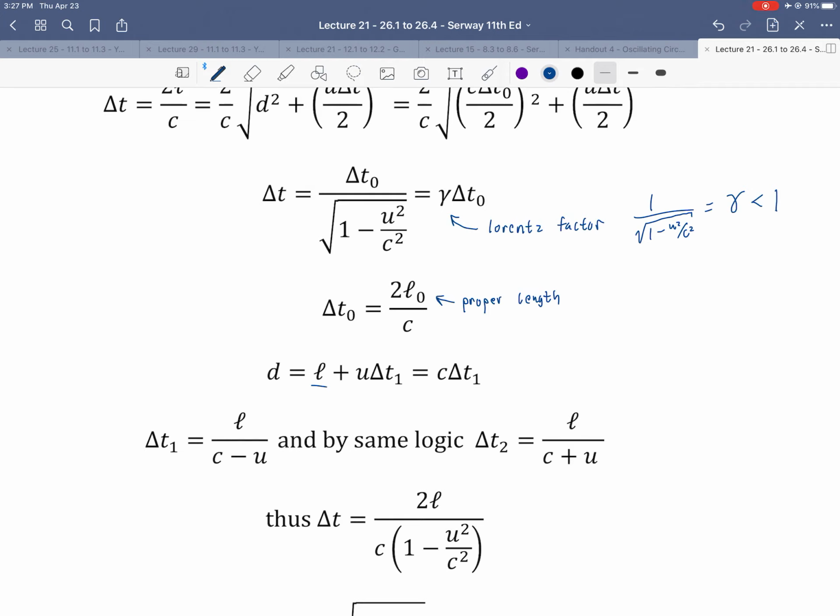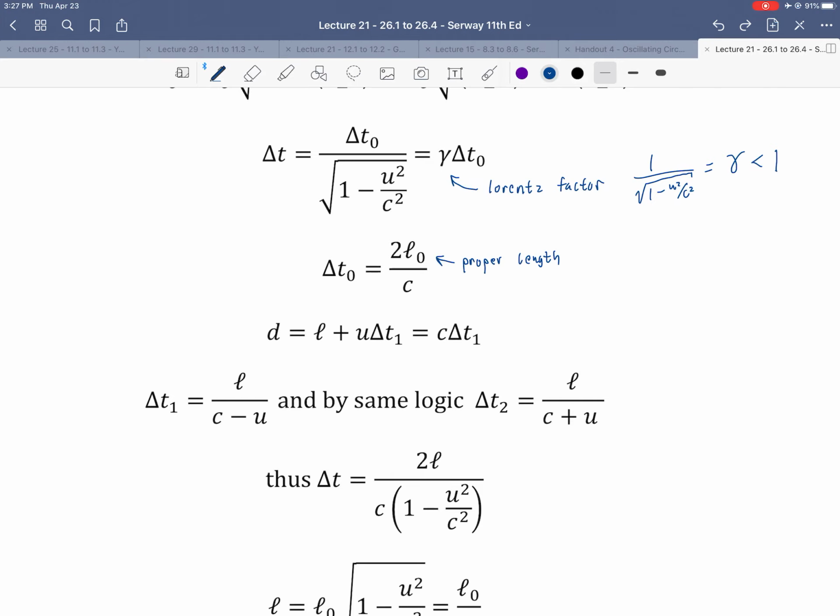He'd still see the physical ruler, but he'd see the end of the ruler move as the light is going along, trying to catch up with it. Okay, so then he would see the distance the light travels as the length of the ruler plus an extra distance that was covered because the end of the ruler is moving ahead. And that would have to be equal to the speed of light times the time it took for the light to travel that distance.